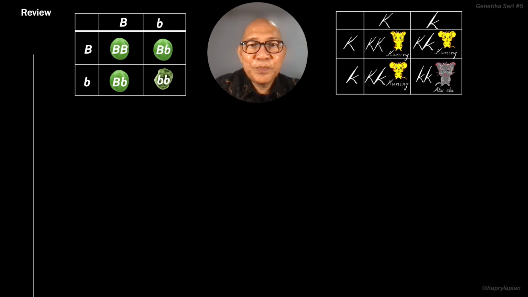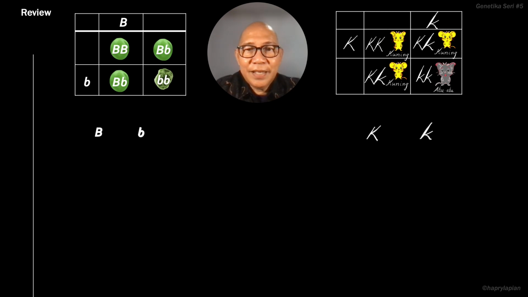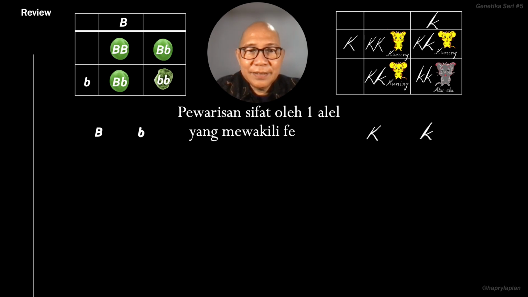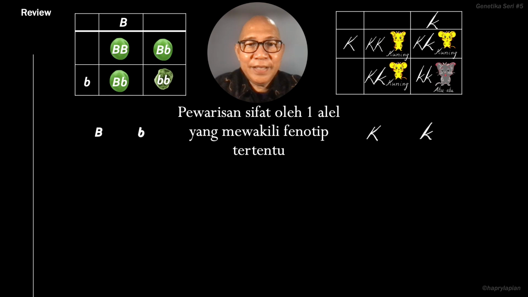As a review, we have discussed inheritance by one trait in the previous video, when we discussed round and wrinkled seeds of peas and cotyledon color in yellow. As seen here, a single genetic character will follow inheritance according to the principle of segregation, or Mendel's first law.